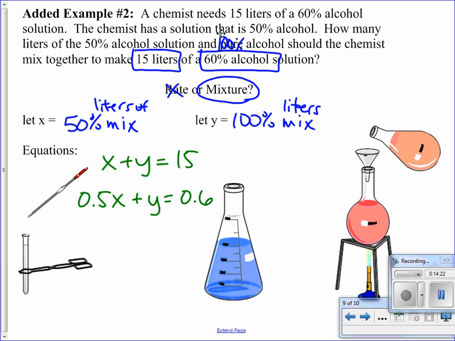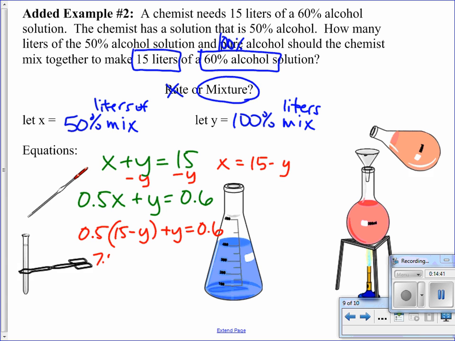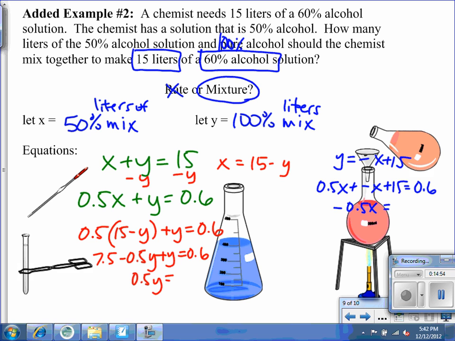And let's get one of the values by itself. It really doesn't matter which one. 15 minus y, I might regret this. So 0.5x, and instead of x, I'm going to write 15 minus y, minus... 0.5y equals, okay.